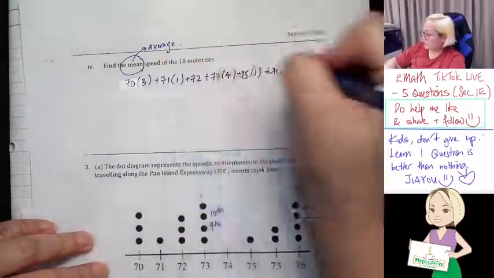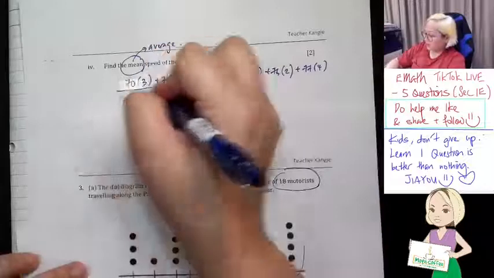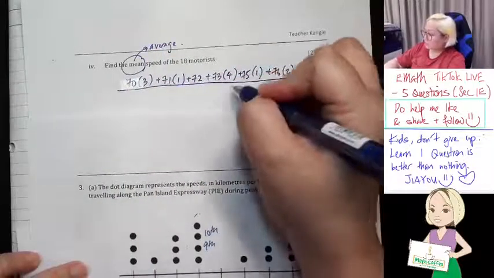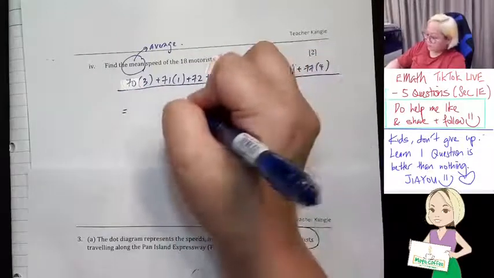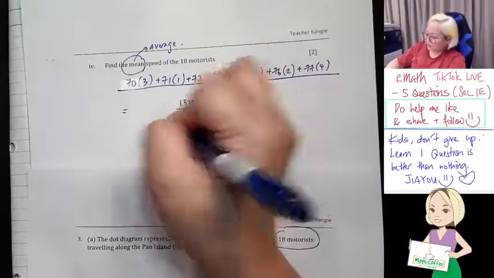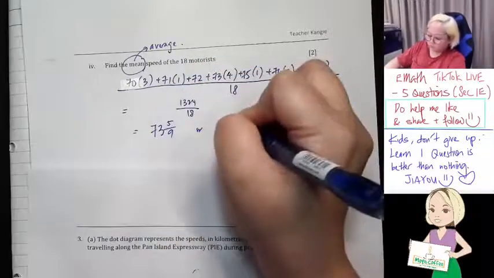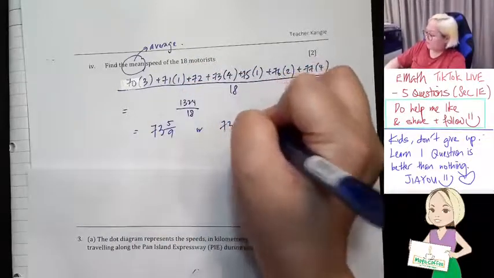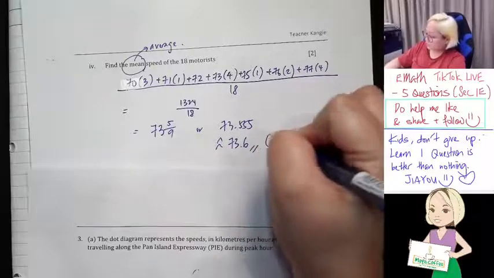So this will be the total. Then divide by the total number of data, which is 18. So my average will be 1324 divided by 18. It will give me either a mixed number, or 73.555, rounded off to 3SF, 73.6.